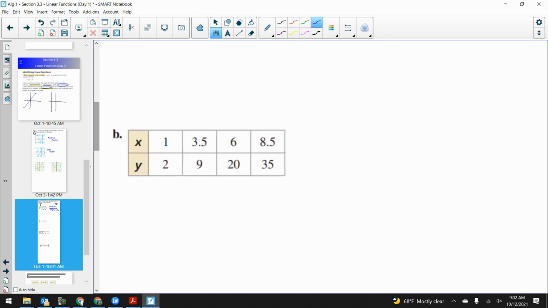Take a look at the second table. What are my x's going up by? 2.5. Going up by 2.5. Let's see if that pattern continues. Okay, yep. So, do I see a constant rate of change for my x's? Let's see if I've got a constant rate of change for my y's.